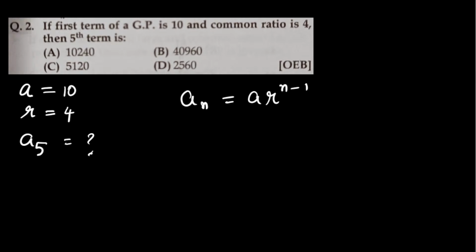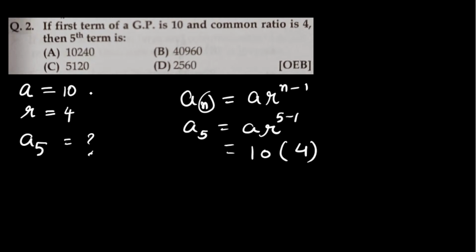So let's check. Fifth term we have to find, that means A5. N's value I am substituting with 5. So AR to the power 5 minus 1 is AR to the power 4. Let's substitute the value of A and R also. A's value is 10, R's value is 4. We have written already A is 10, R is 4. So 5 minus 1 is 4.